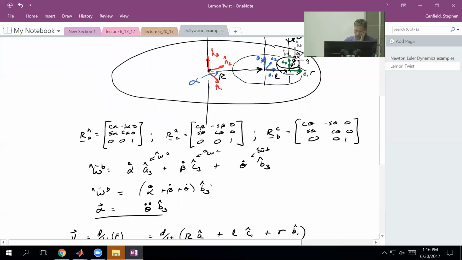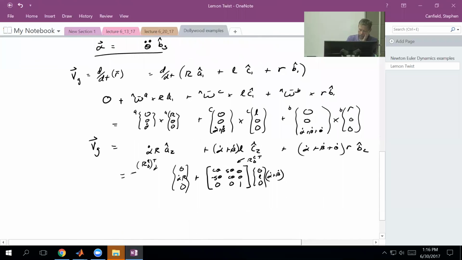When I do this multiplication, I'll get cosine beta, cosine theta, minus sine beta, sine theta. That is cosine of theta plus beta, and so on. So I will get simply the sum of these, and I have to take the transpose. So it's going to be cosine theta plus beta, negative sine theta plus beta, 0, sine theta plus beta, cos theta plus beta, 0, and then 0, 0, 1. And then finally this term.